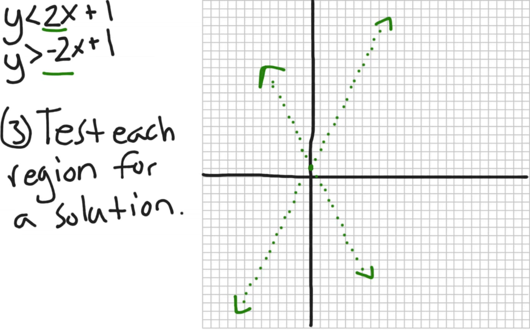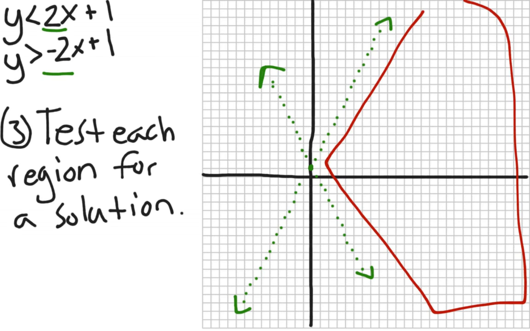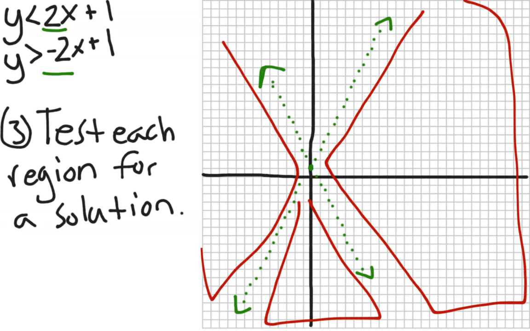And now the regions, here's one region, here's another region, here's another region. You can see they're outlined by the boundary lines of the inequality. So I have 4 regions to test.